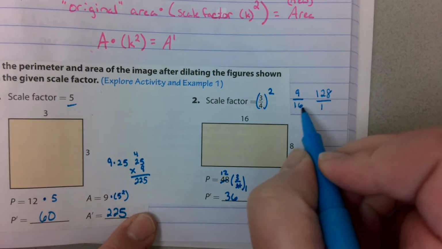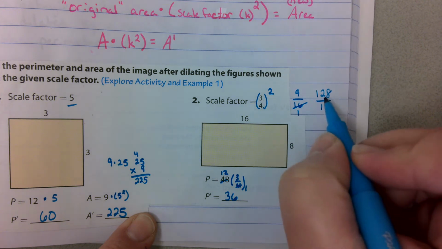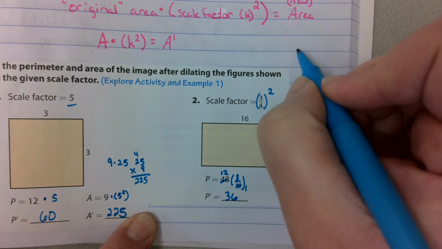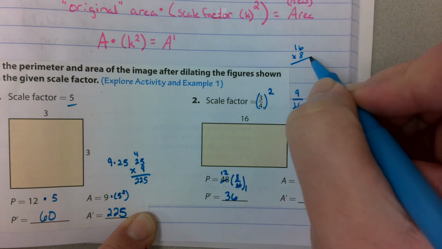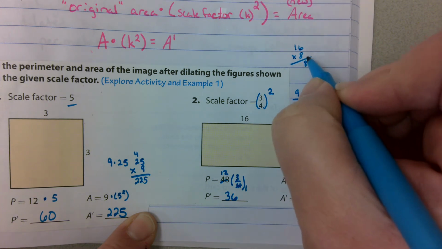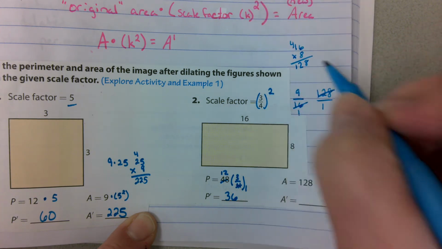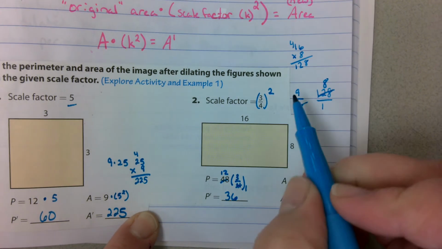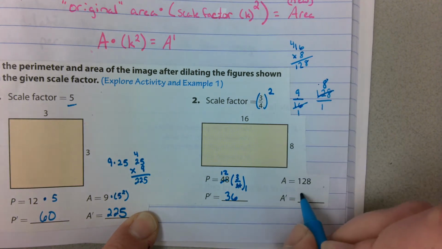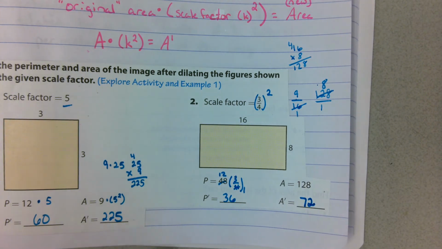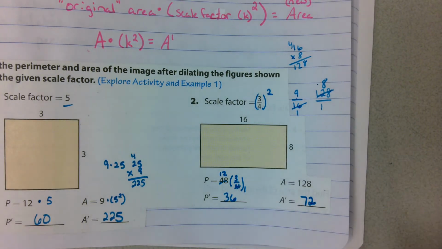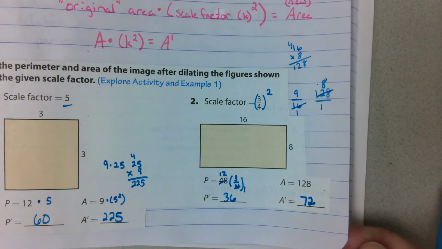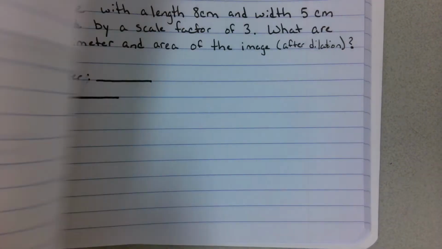I'm going to simplify. 16 goes into the top 1, 16 goes into 128 eight times. All right. Then I have 9 times 8. That's 72. And again, you could multiply 9 times 128 and then divide by 16. I just simplified first. All right. So there's that.